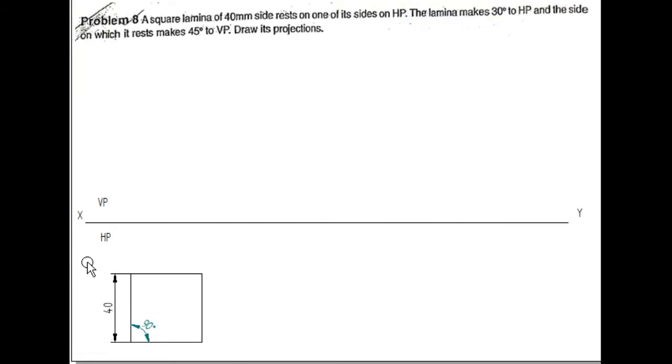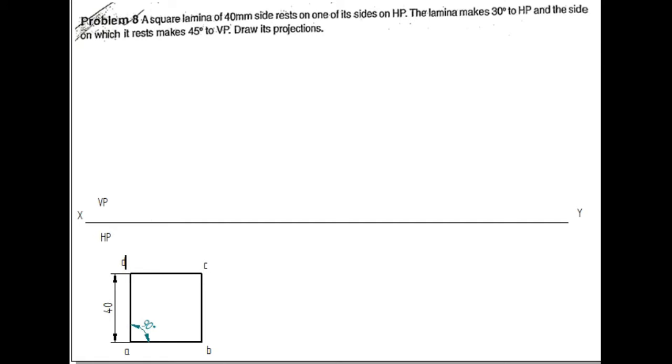So next, because it is a view, we have to draw it with visible line. So it should be a visible line. And naming, I will start this point as A, this point as B, this is C and this is D.